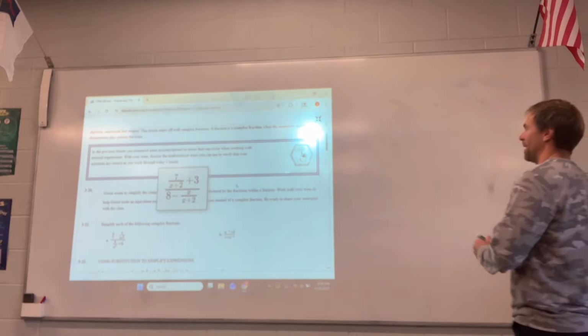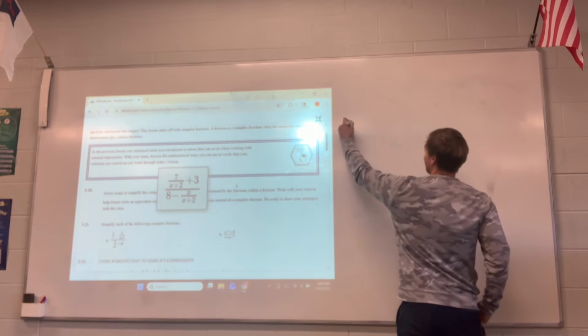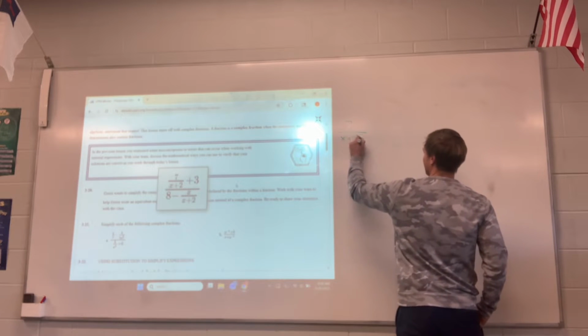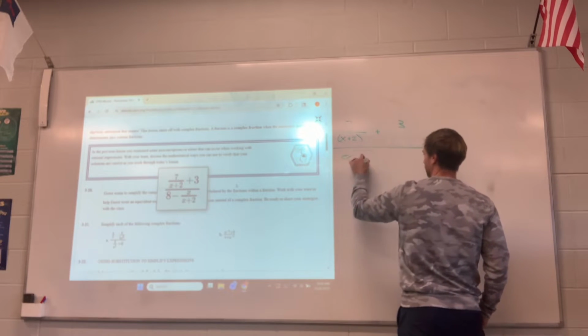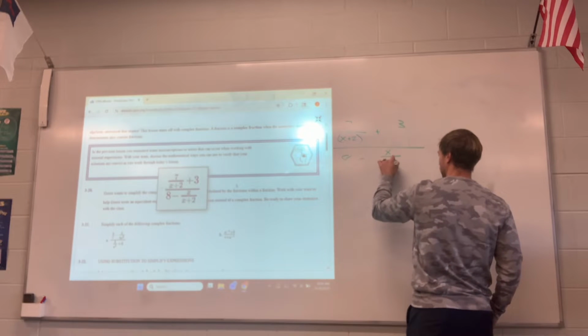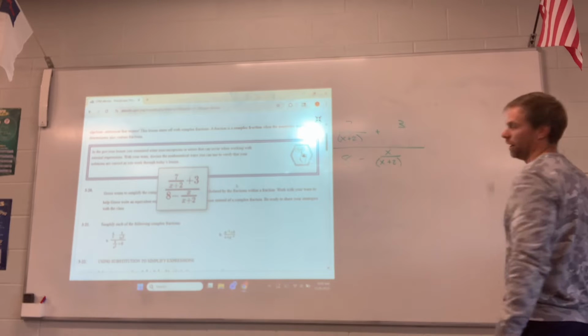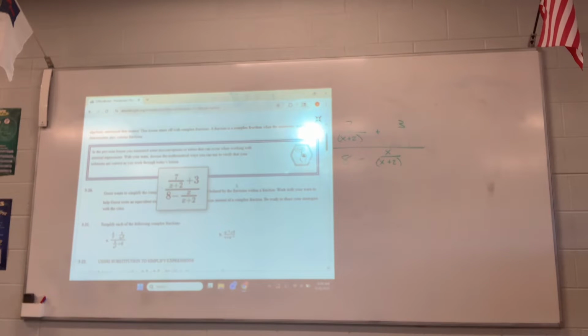Talk me through this. How would we do this? Kind of. Close. If we want to get rid of a fraction within a fraction, same thing we did in the previous lesson, we need to just worry about the numerator or just worry about the denominator, and then we'll finish the other part.